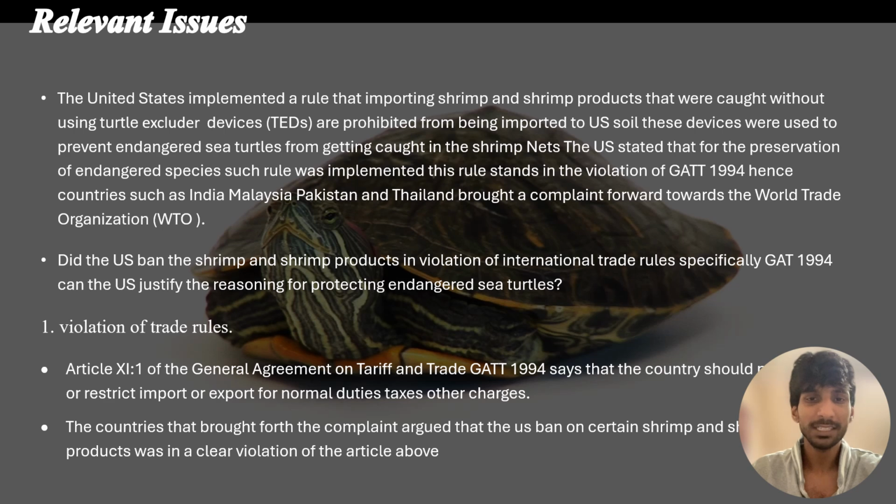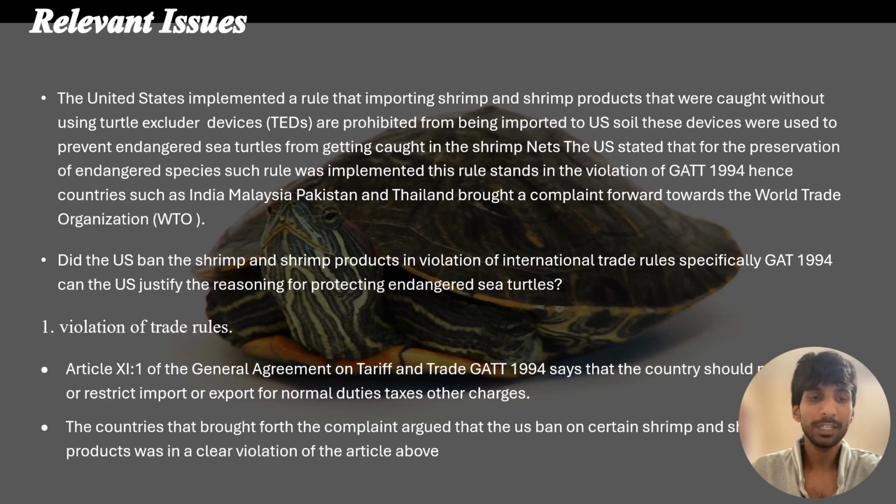These devices were used to prevent endangered sea turtles from getting caught in the shrimp nets. The US stated that the rule was implemented for the preservation of endangered species, and this rule stands in violation of GATT 1994. Hence, countries such as India, Malaysia, Pakistan, and Thailand brought a complaint forward to the World Trade Organization.